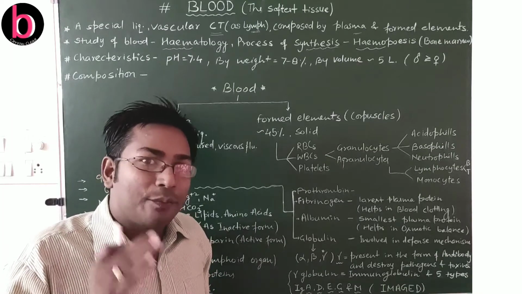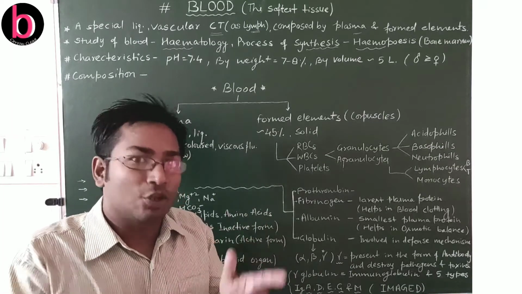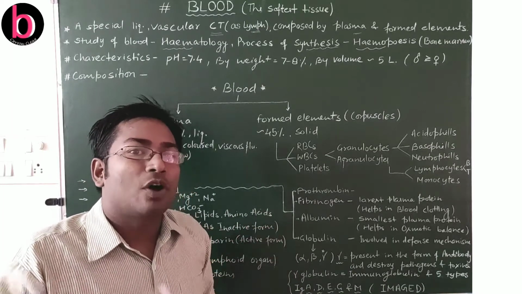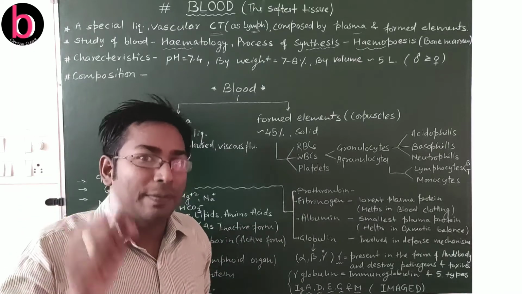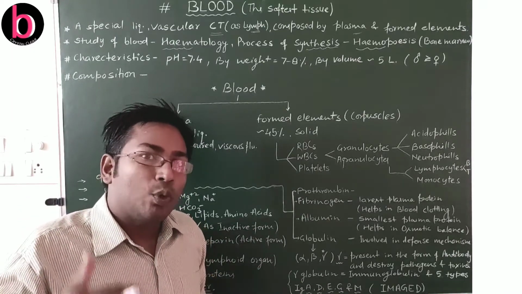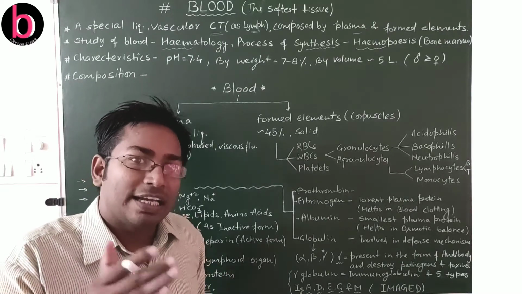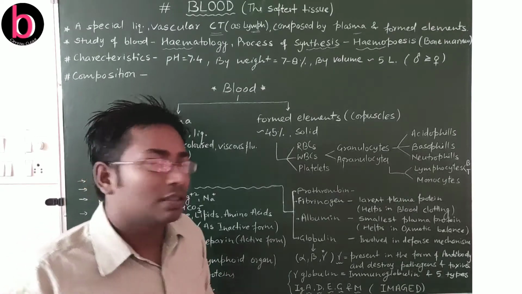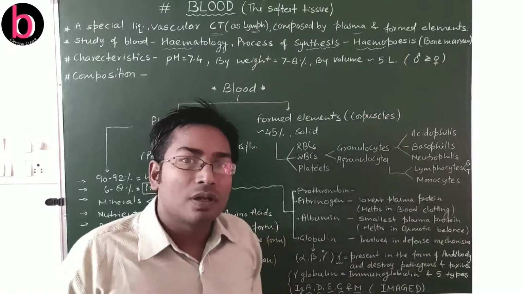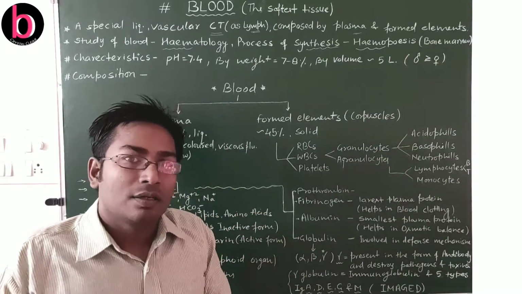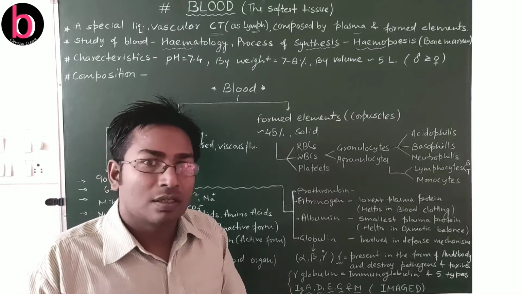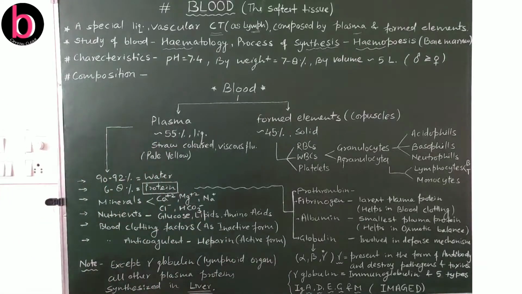In the very early embryonic stage this is the yolk sac, a type of extra embryonic membrane, while in the post embryonic stage this is the liver as well as the spleen, and after birth it is the bone marrow of longer bones like the femur and humerus. These are the sites.